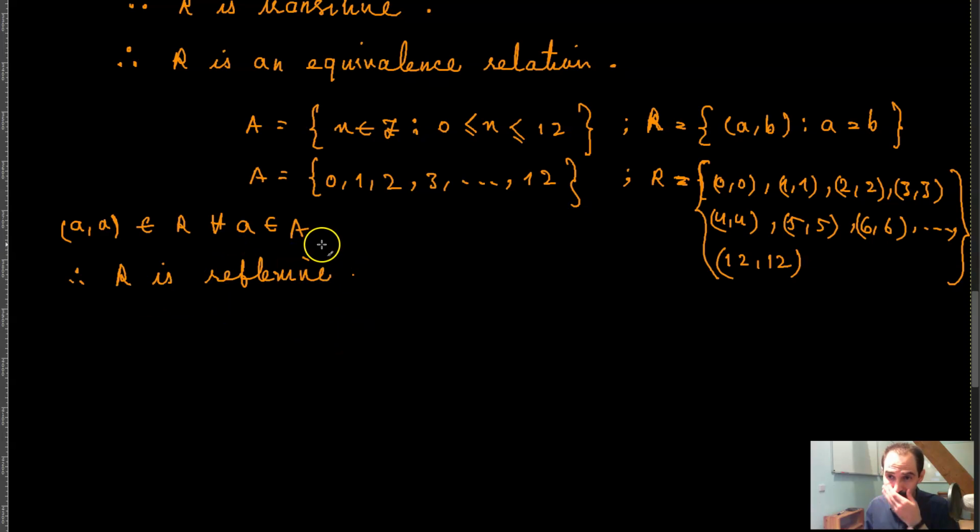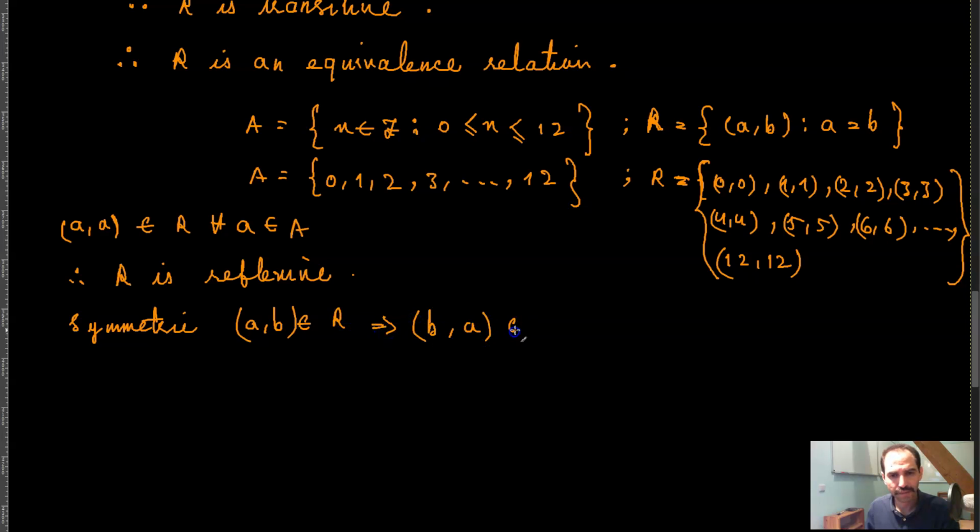Moreover, to show that R is symmetric, you need to show that if A comma B belongs to R, that implies that B comma A does belong to R as well.